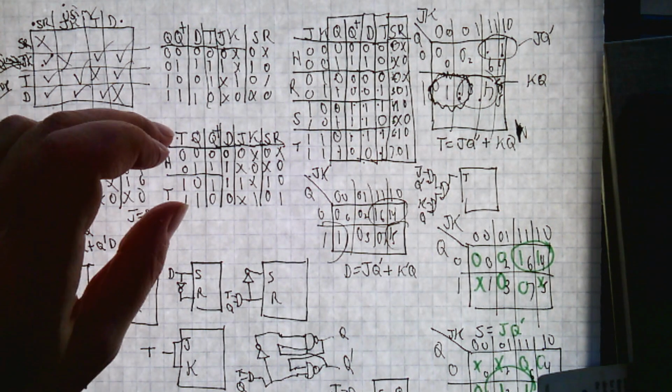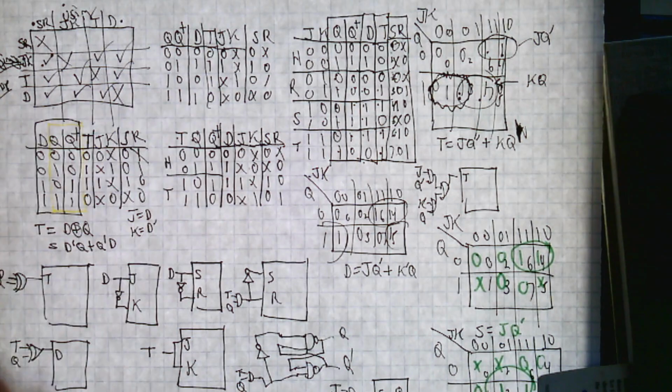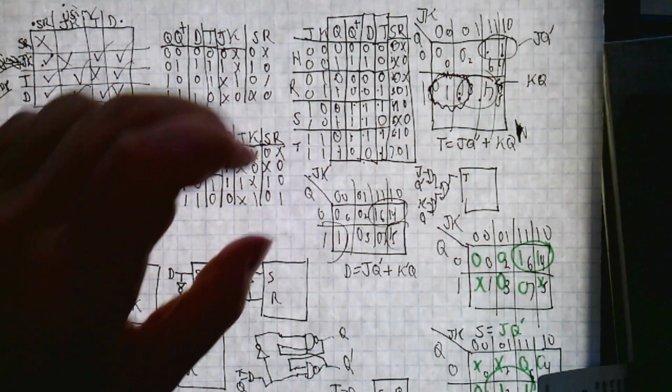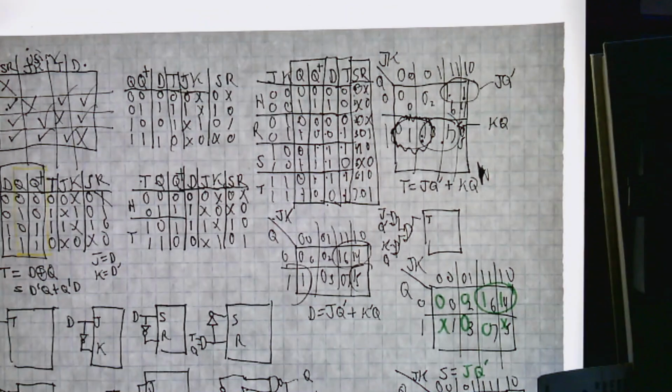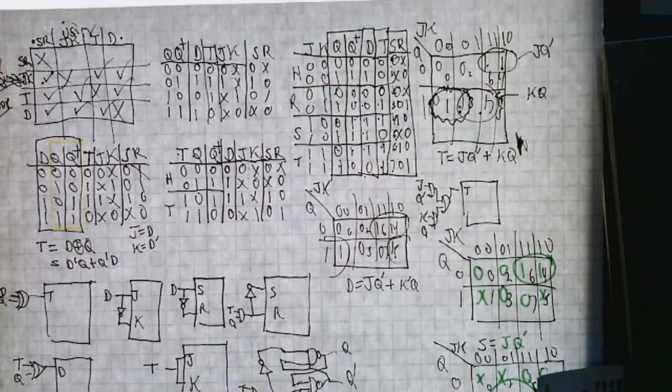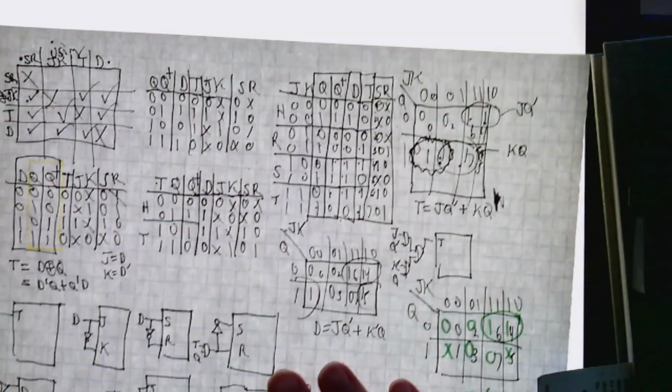If you want to implement T, you got to write out what T flip-flops do. If you want to implement JK, you've got to write out what JK flip-flops do. So if you want an implementation for SR, what should you do? Yeah, there you go. So to do that, we'll grab a sheet of paper and we'll write out what SR flip-flops do.